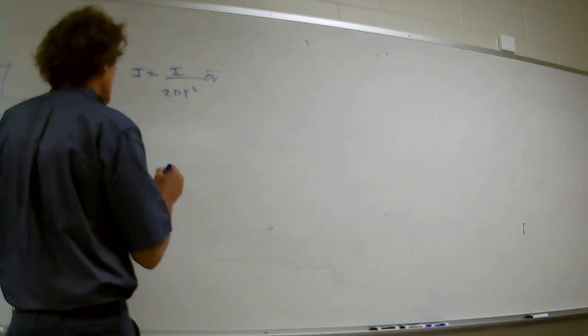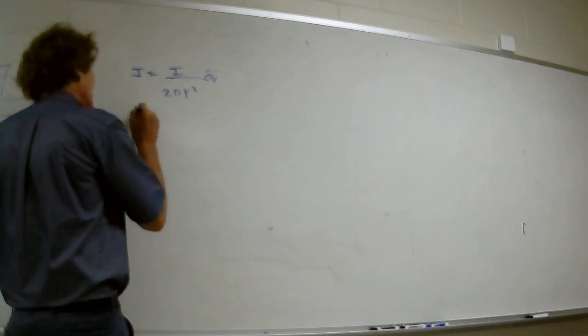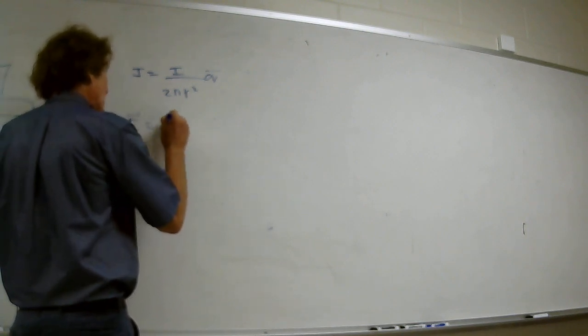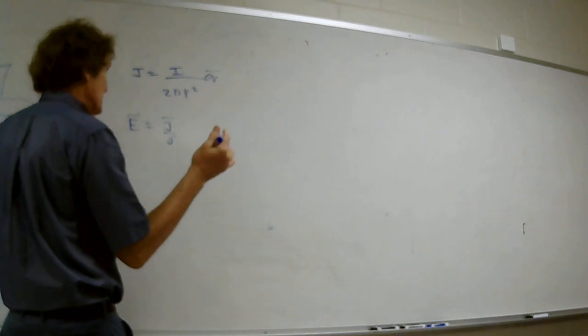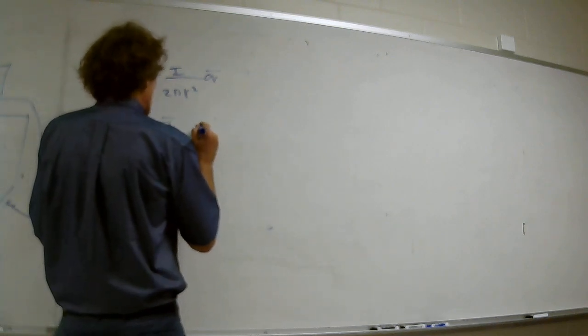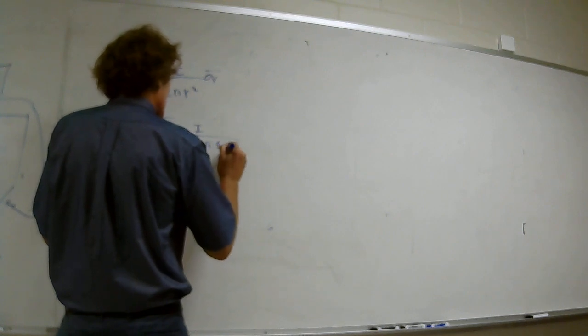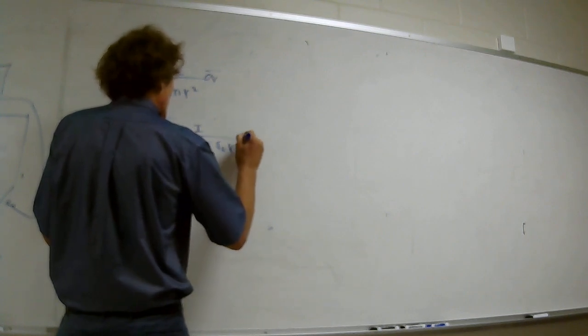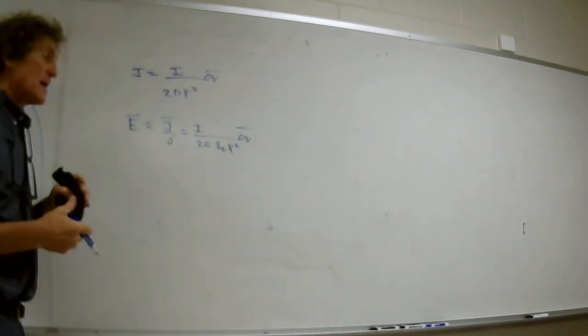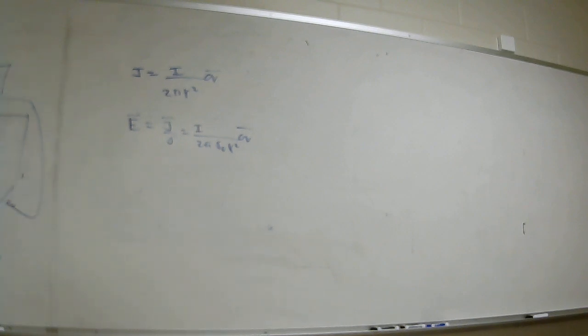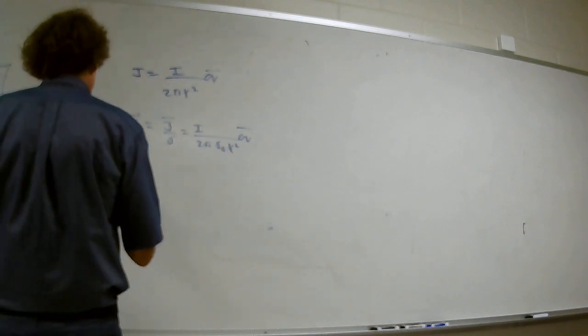So now, how do I get E, guys? J over sigma. I made it constant, which is nice. So that's going to be equal to I over 2 pi sigma naught r squared a_r. I want to take a gander with the voltages, because that's the next thing, right? Start with I, get J, get E, get V. What's the voltage going to be, magnitude-wise?